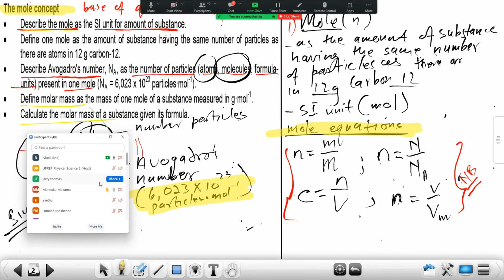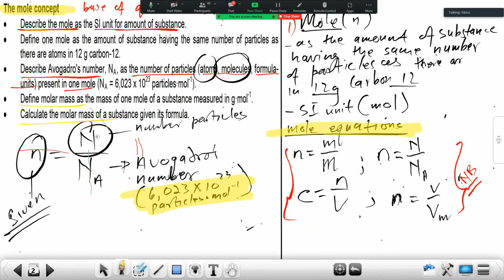Remember, what we do is we are quantifying everything that we are working with. So regardless of the number of moles you have, I will go back here.